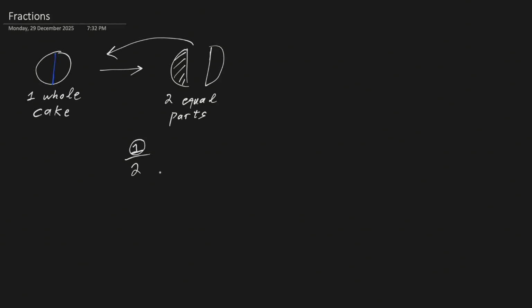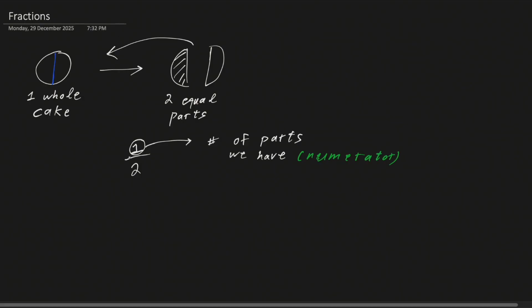Now this number at the top is telling us the number of parts that we have, and mathematically it's referred to as the numerator, while the one at the bottom is the total number of parts.